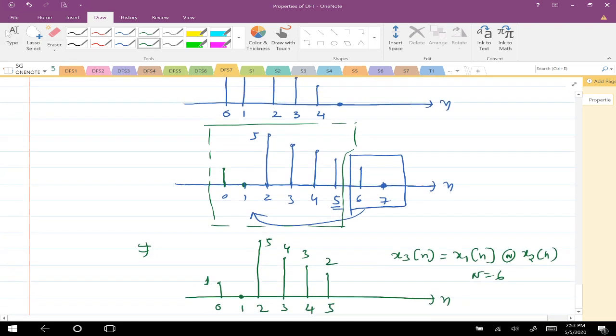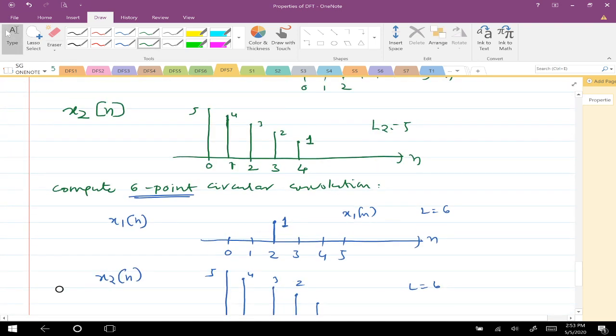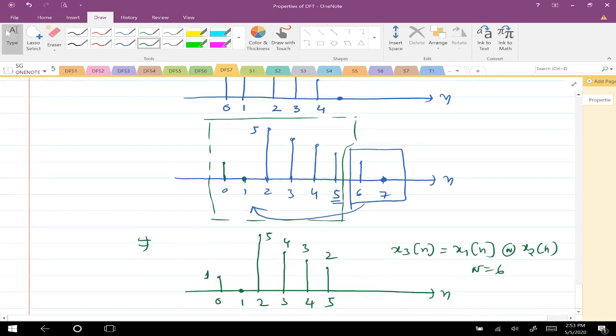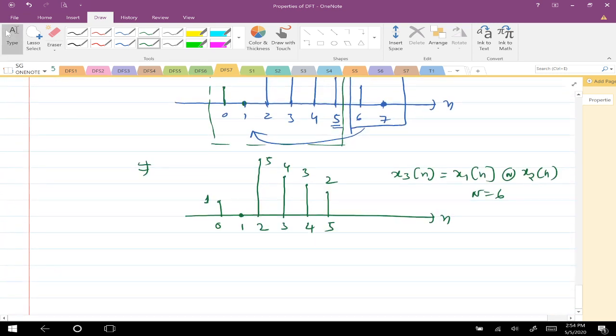Hope it's clear to you. Again, you can do it in various ways for yourself. I leave that part to you. But I would give you one exercise here.